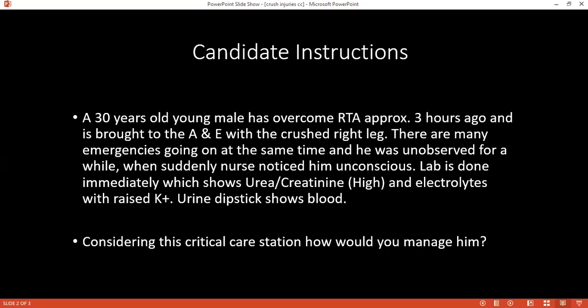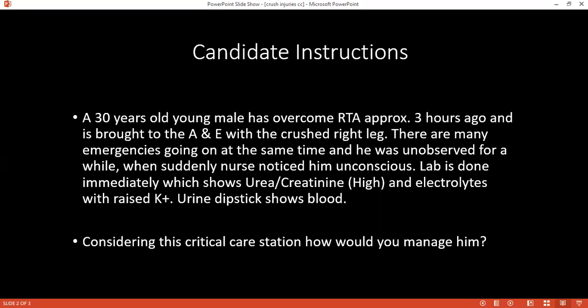We can start 10 millimole of 10% calcium gluconate over 10 minutes. I can give 10 units of insulin in 50% dextrose. I can start salbutamol nebulization, and at the end I can give sodium bicarb.